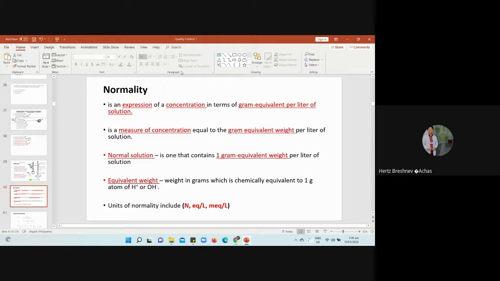Now, as an expression of concentration, normality is used to indicate a quantity of certain molecules in a specific volume. And it is emphasized that it is in terms of gram equivalent per liter of solution.